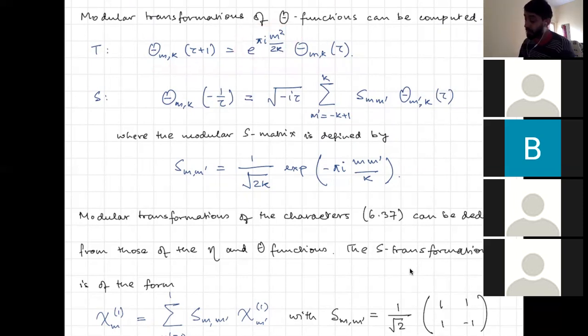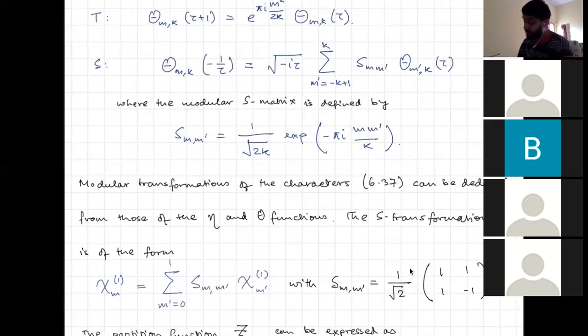Under an S transformation, something more interesting happens, and these guys go into a sum of the rest of these theta functions. These are weighted by something called the modular S matrix, and this is what you get. Again, I'm not going into how you prove this, but this is something that you get.